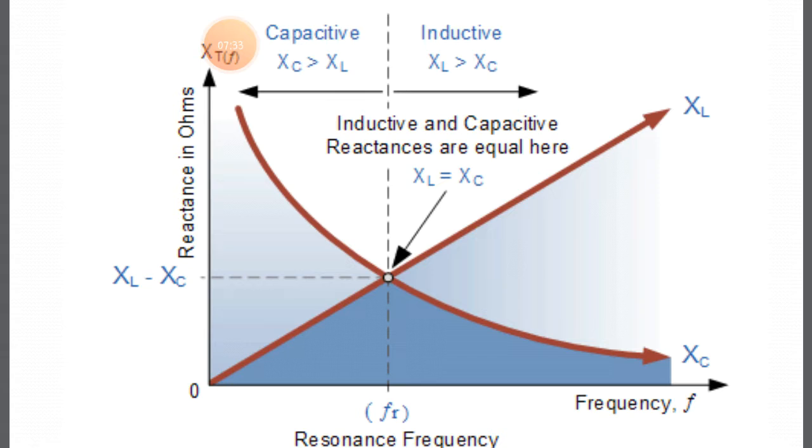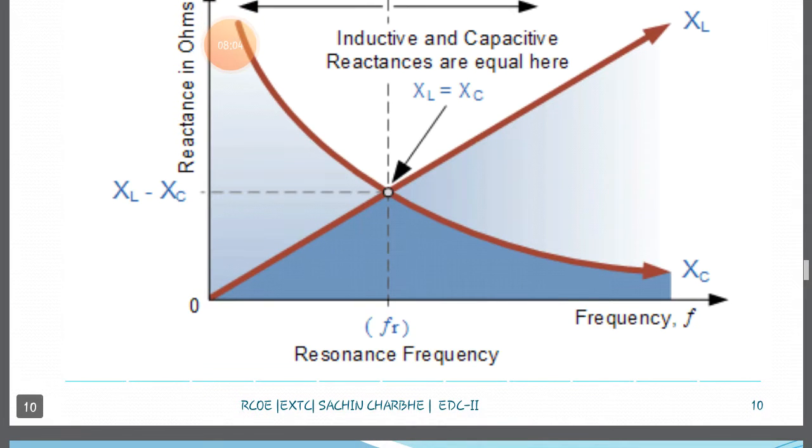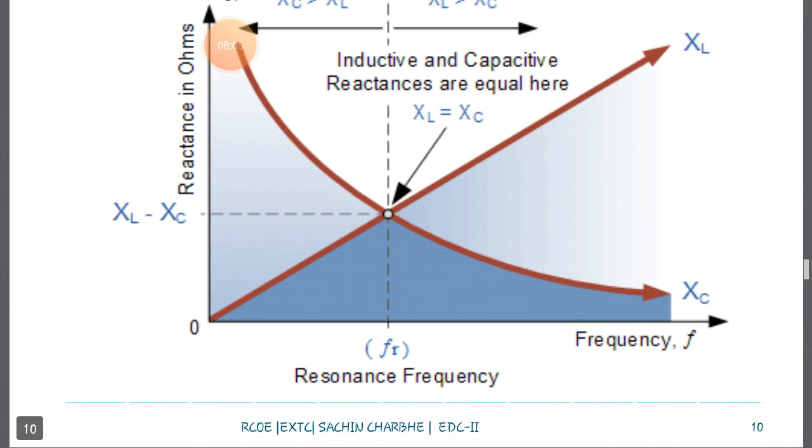XL is shown linearly, and XC is shown as well. At the center point, on one side, the capacitive reactance Xc is greater than XL, meaning the reactance of the capacitance is greater than the reactance of the inductance. On the other half, the reactance of the inductance is greater than the reactance of the capacitance. At the center point, XL equals Xc, meaning the reactance of the inductance equals the reactance of the capacitance. That point is called the resonant frequency fr.